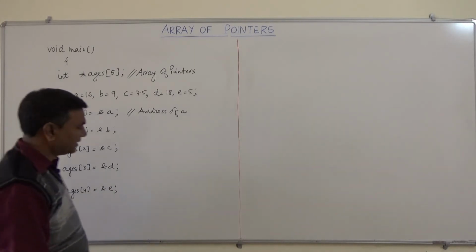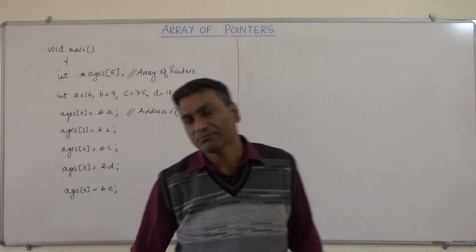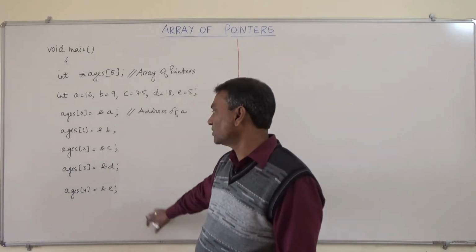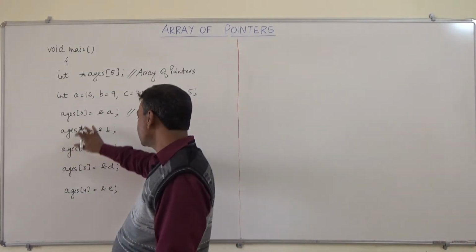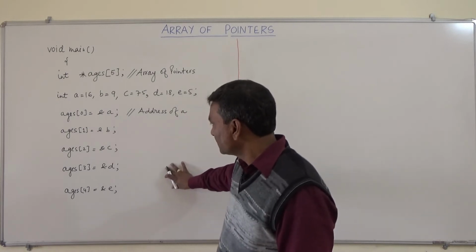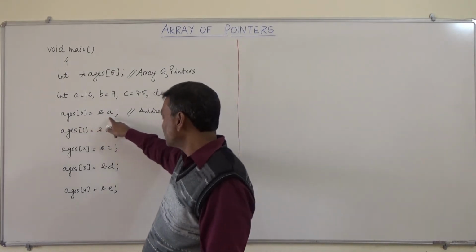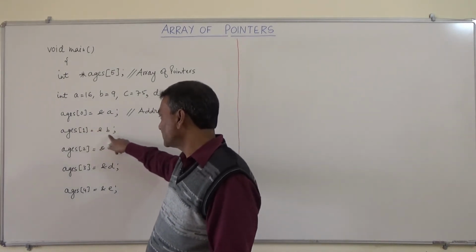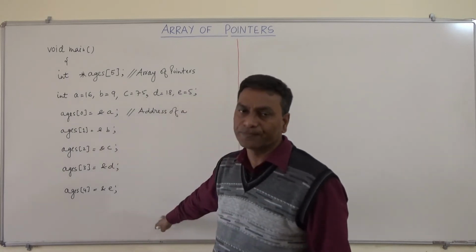So we have assigned all the addresses to all these variables here. So ages 0 is ampersand a, and then ages 1 is ampersand b, and so on.